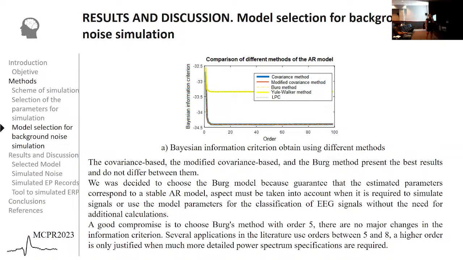A good compromise is to choose these methods with order 5. There are no major changes in the information criteria. Several applications in the bibliography use orders between 5 and 8. Higher order is only justified when much more detailed power spectrum specifications are required.